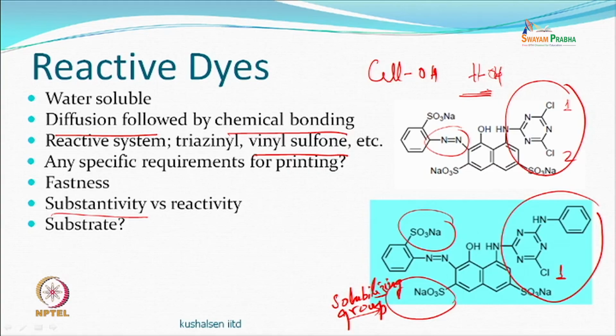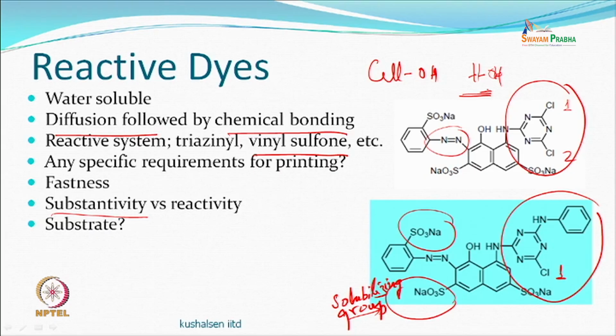The substrate would be cellulosic: cotton, viscose, rayon. Reactive dyes were initially synthesized for these. But all these reactive dyes can dye all protein fibers very easily, as well as nylon.